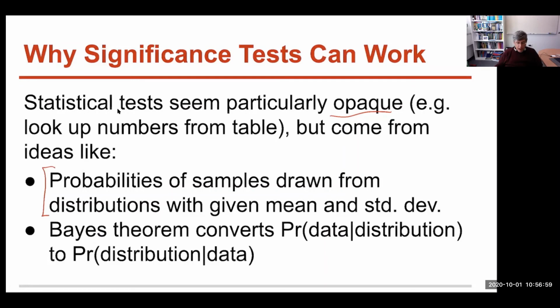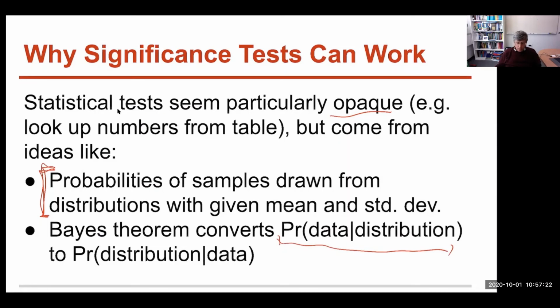This should be bounded by various laws of sampling. We have Bayes' theorem. Normally when we see data, it's easy to compute the probability we see some data given a distribution.